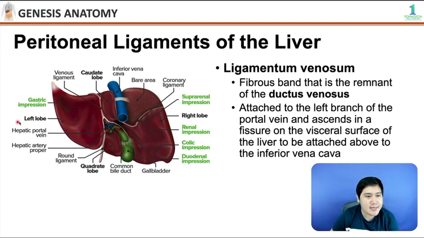So basically, the ligamentum venosum attached the umbilical vein to the inferior vena cava, so it will bypass the liver. So this is the venous ligament. It divides the left lobe and the caudate lobe.